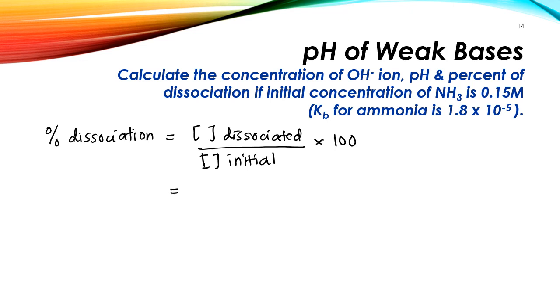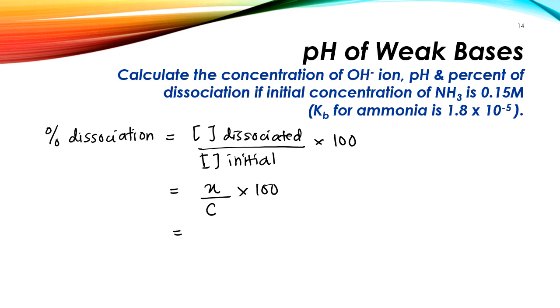From the ICE table, we have assumed that the amount dissociated in the dissociation reaction of ammonia is equal to X. So the quantity is represented by X divided by its initial concentration, times 100. Substitute the values from the ICE table.